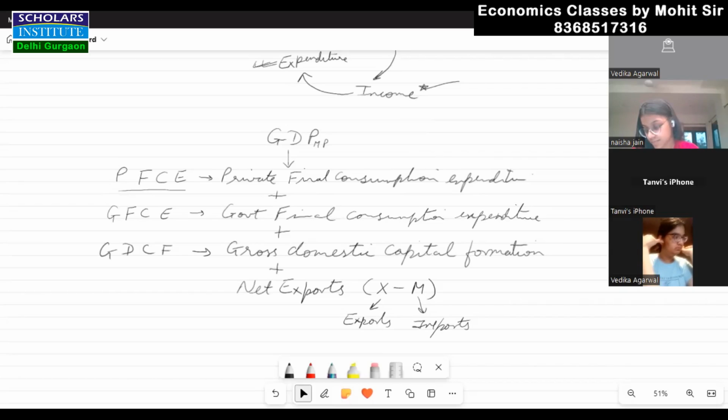Now we come to GFCE, Government Final Consumption Expenditure. Now what is this? Government Final Consumption Expenditure is basically the expenditure done by government on buying various goods and services to provide its services to the people, to the citizens of the country. Government also provides a lot of services to the citizens, like defense services, and police by maintaining law and order.